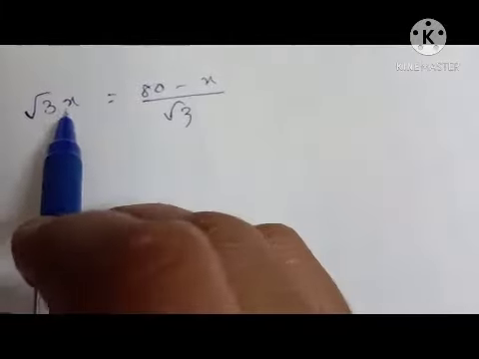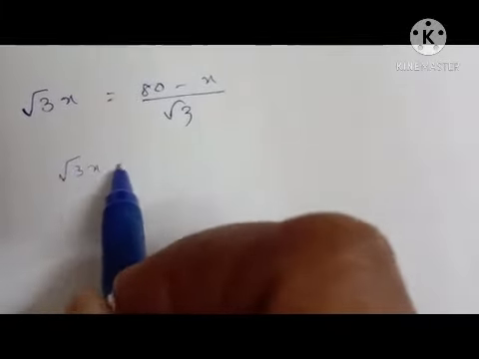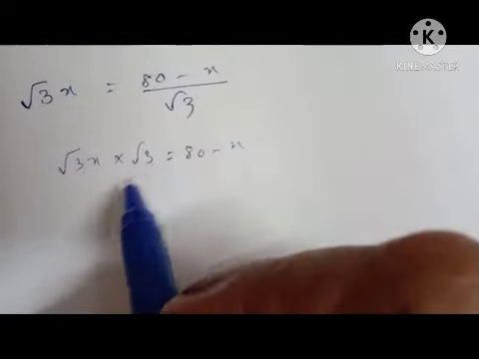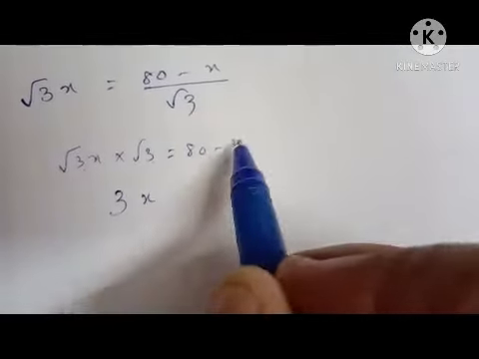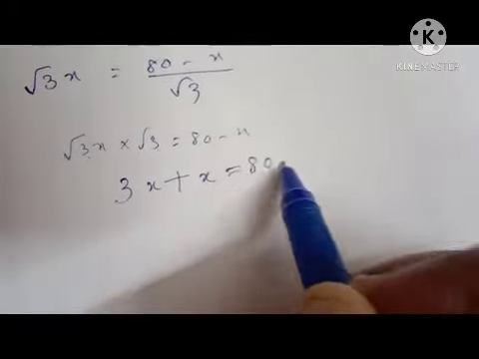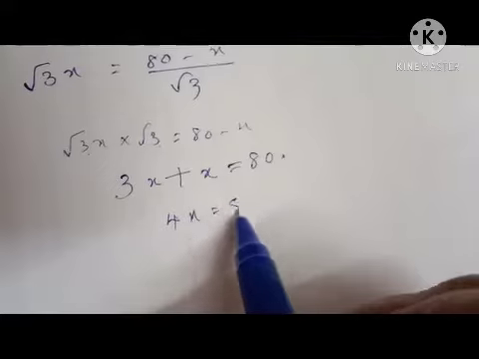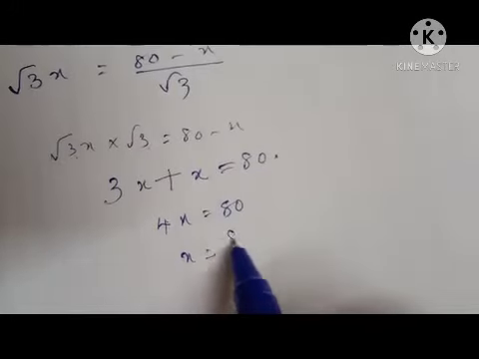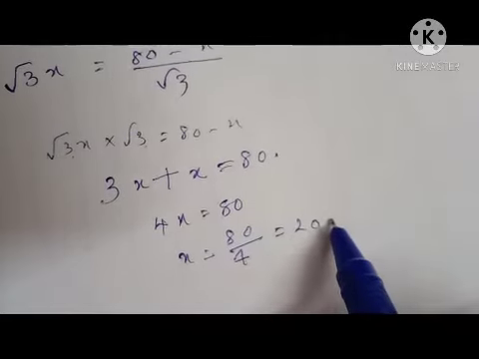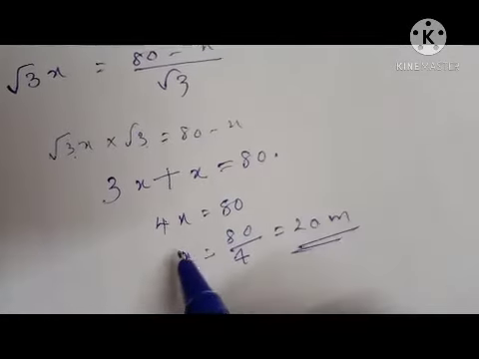Transposing, root 3 x into root 3 equals 80 minus x. Root 3 into root 3 is 3, so 3x plus x equals 80, 4x equals 80, then x equals 80 by 4, that is 20 meters. So x is 20 meters.